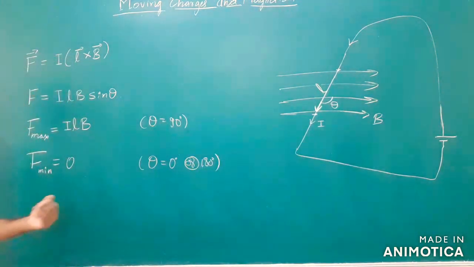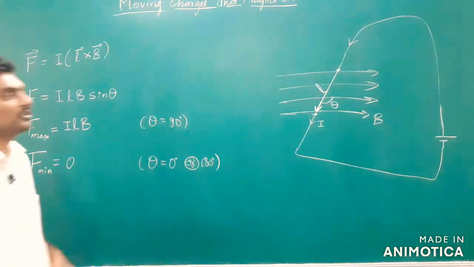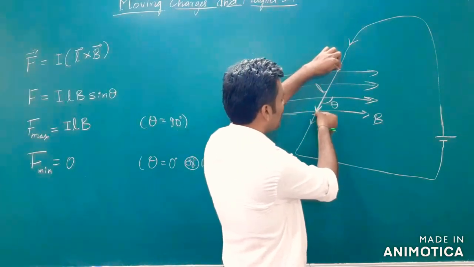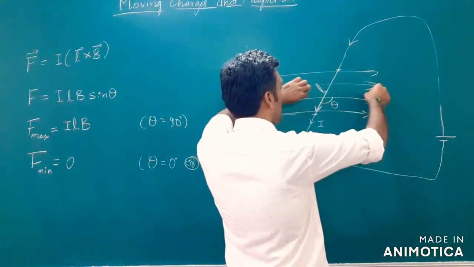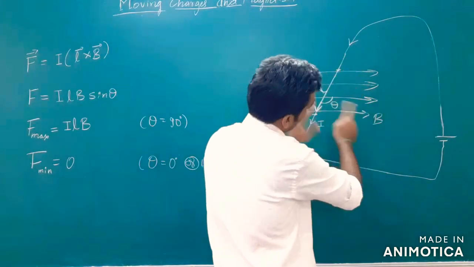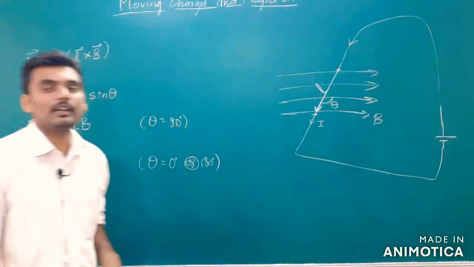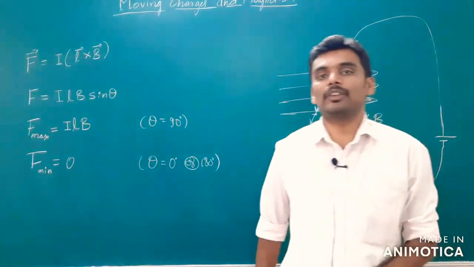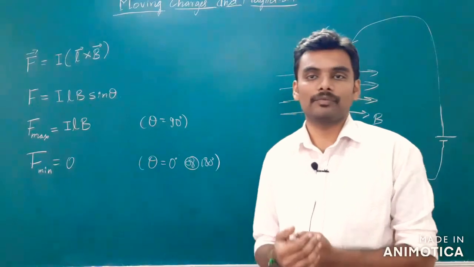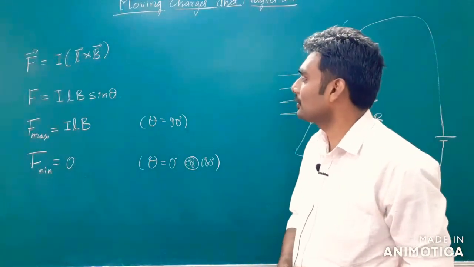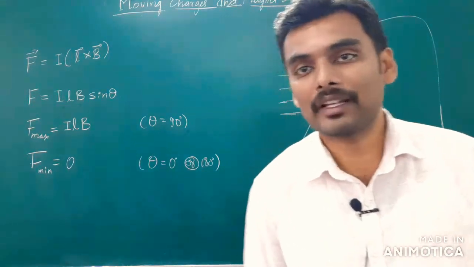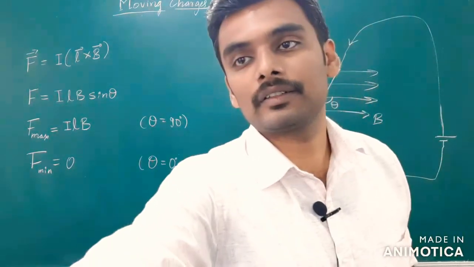When theta is either 0 or 180 degree, we get 0 force acting on the conductor, which means if this length element is either parallel or anti-parallel to the magnetic field applied on it, then the conductor will not experience any magnetic force. Okay, these are the special cases of the magnetic force experienced by a conductor.